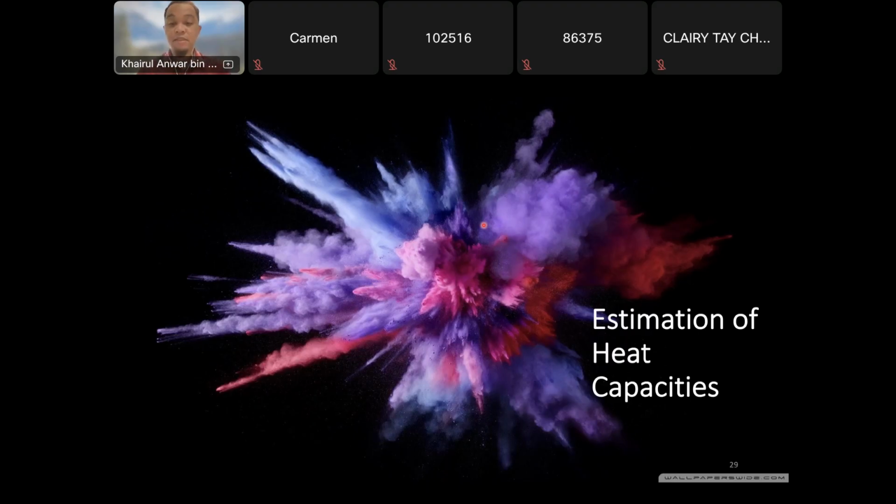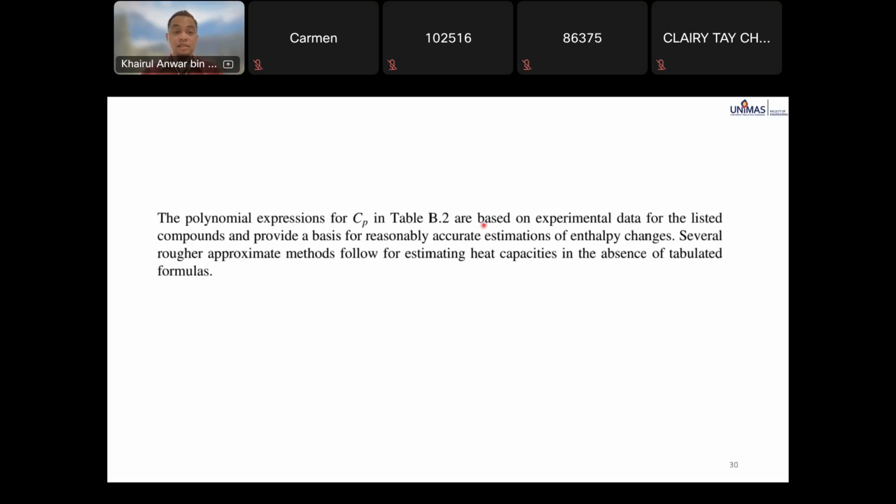Estimation of heat capacity. The polynomial expression for Cp in table B2 is based on experimental data for the listed compound and provides a basis for reasonably accurate estimation of enthalpy changes.